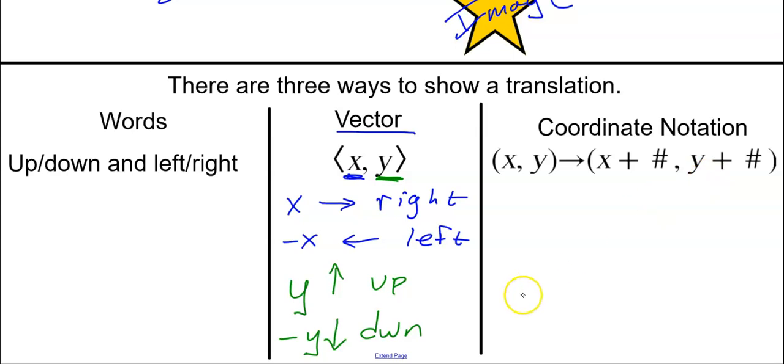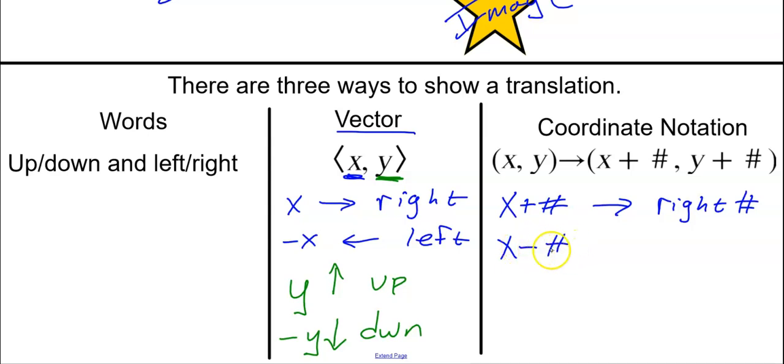Coordinate notation tells us the exact same thing. If we do x plus a number, that means we are going to go to the right however many spaces that number is. If I say x minus a number, that means we are going to go left however many spaces.